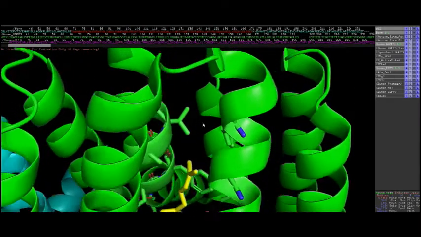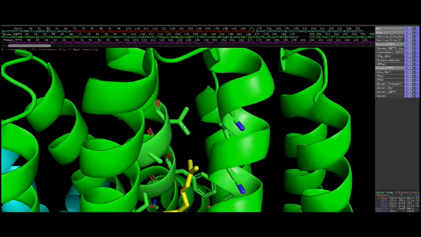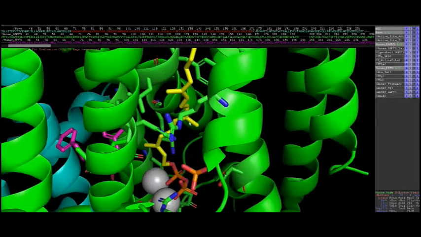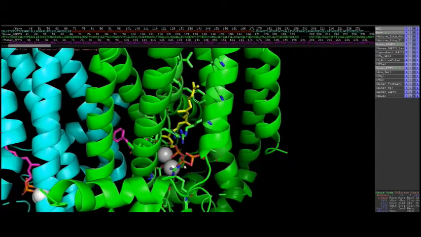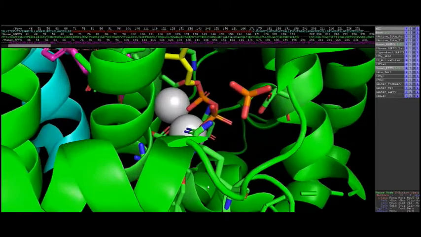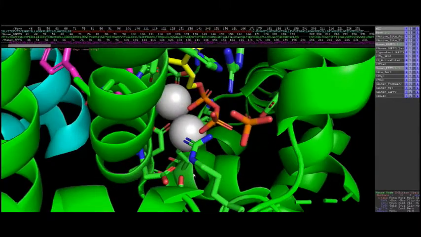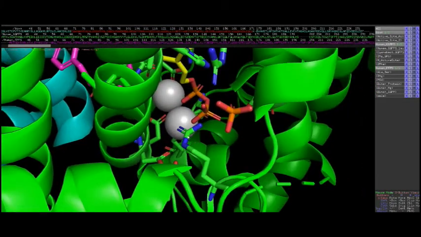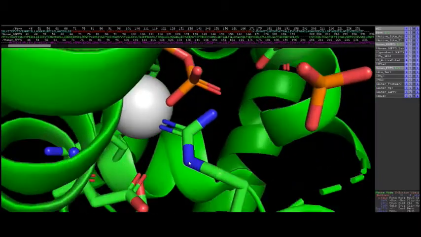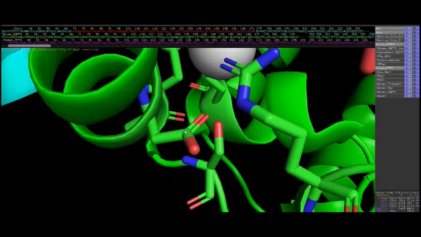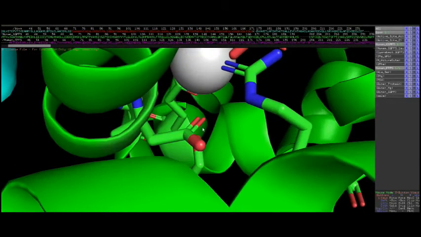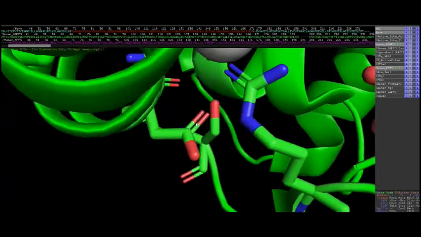We have another leucine, or no, this is an alanine up here. And so, yeah, we can see how the two magnesiums down here are accommodating that pyrophosphate, as well as things like this arginine here. We can see that these aspartates and this serine are coordinating with the magnesiums to hold them in place.